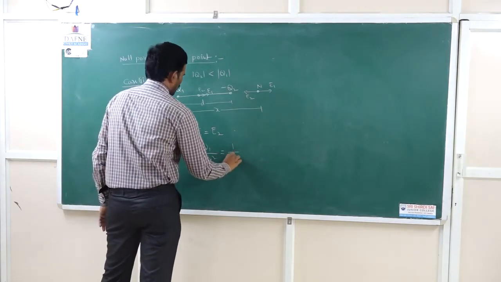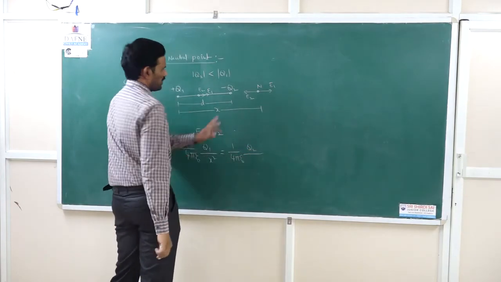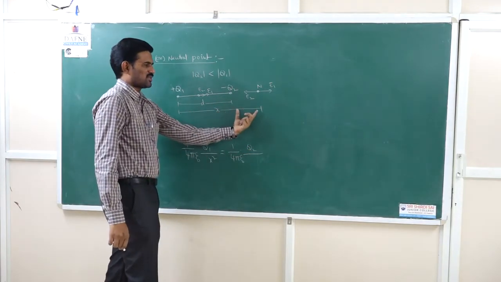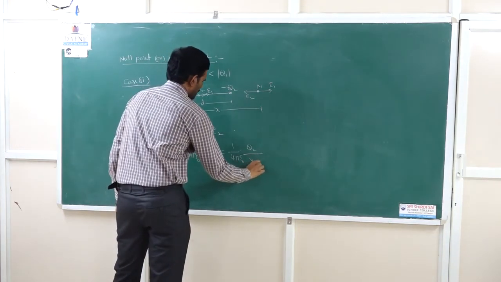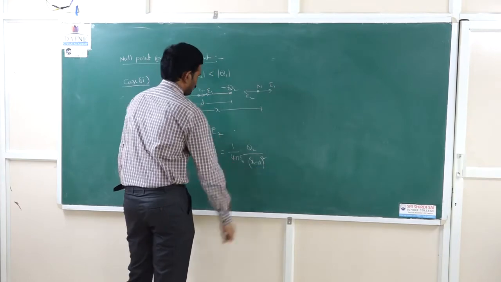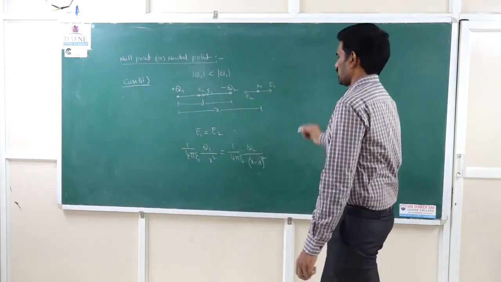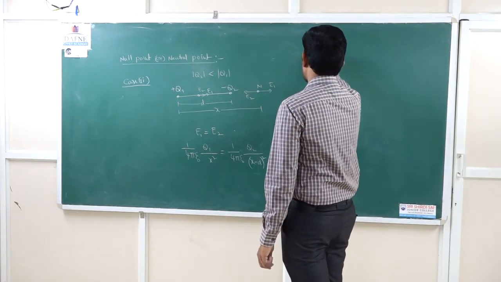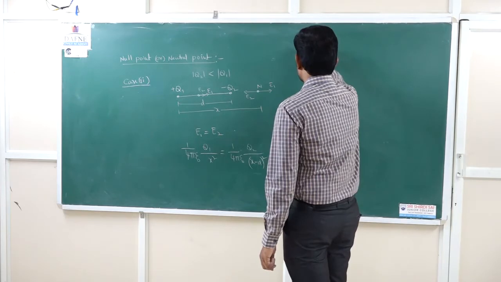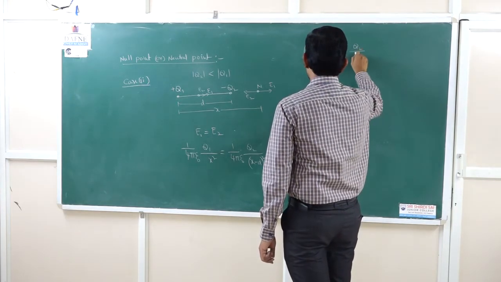that is equal to 1 by 4 pi epsilon naught Q2 by, now the distance from Q2 we need to write, that distance we can write as x minus d whole square. Simplifying this, x minus d by x whole square is equal to Q2 by Q1.